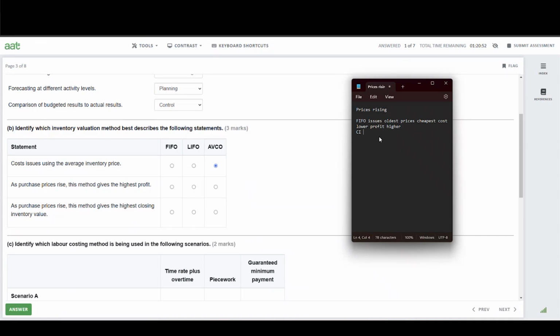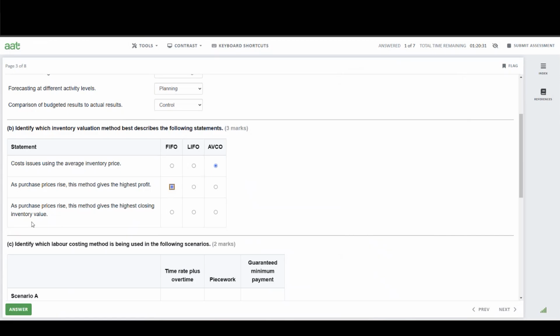So they are the most expensive items. Okay, so let's look at the statement again. As purchase prices rise, this method gives the highest profit. Okay, yeah, we can see that profit is higher under FIFO, so we'll select that.